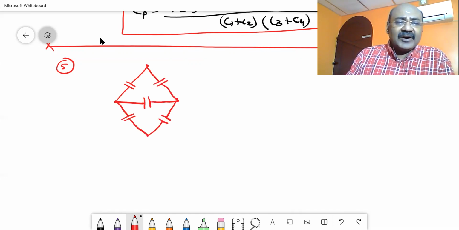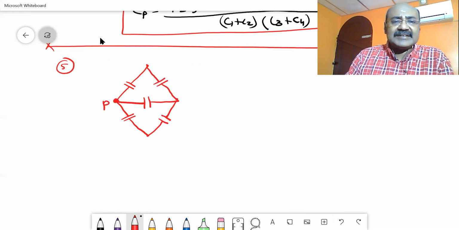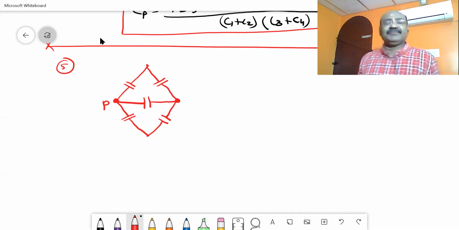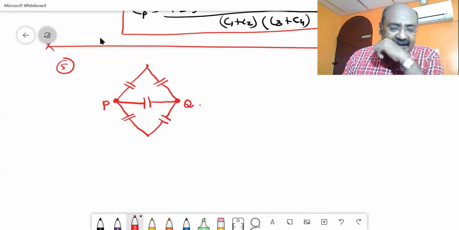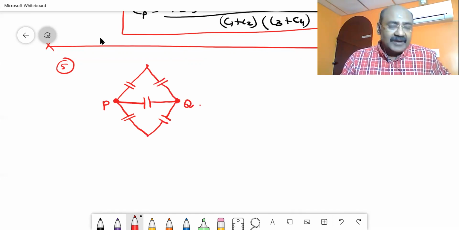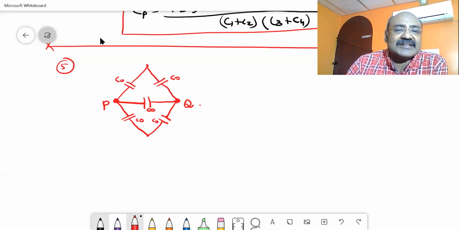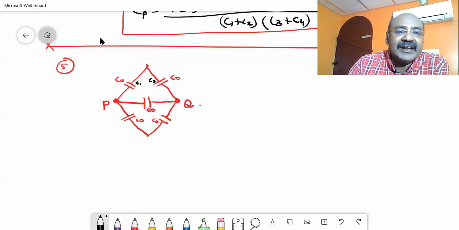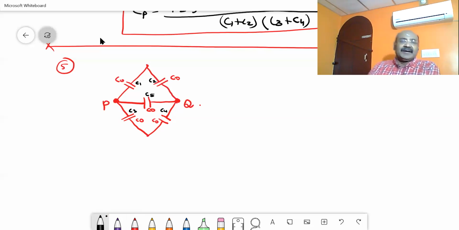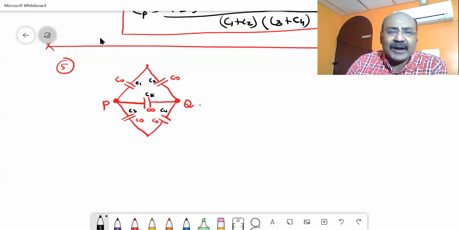This end we consider as P, and this end as Q. Each and every value is given to be C0. For simplicity, let us mark this as C1, C2, C3, C4, and this is C5.